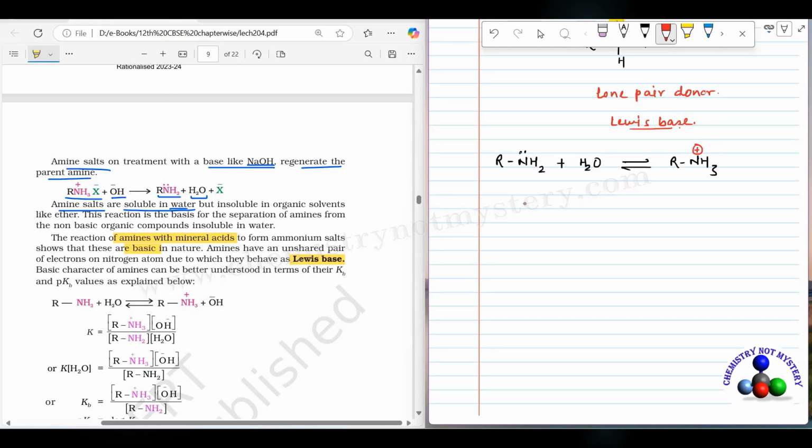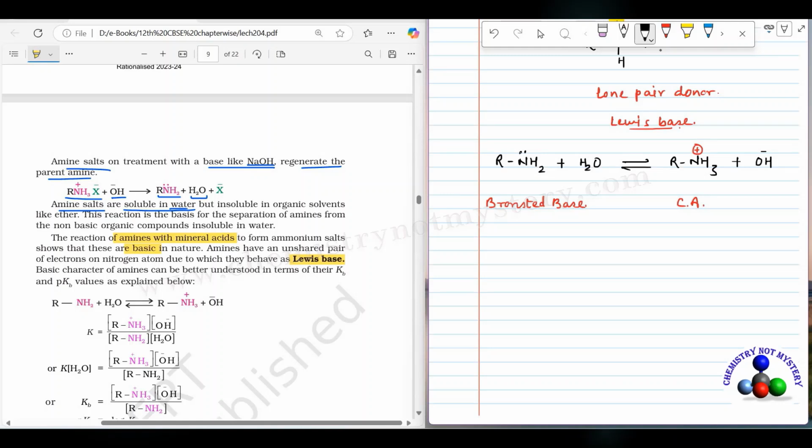As this amine accepts H plus from the water molecule, it will act as a Bronsted base. And after accepting H plus from the water molecule, it will form conjugate acid. And here, by the donation of H plus to amine, water will form OH negative ion, which is a conjugate base of water.